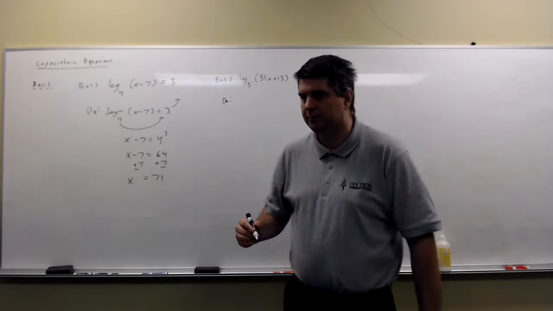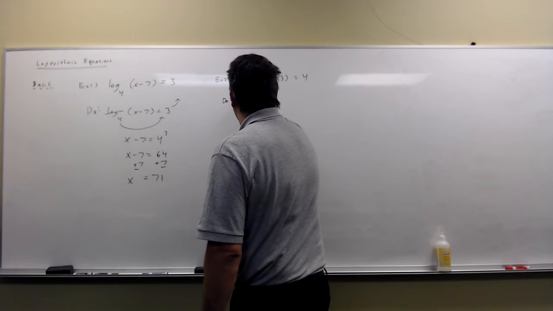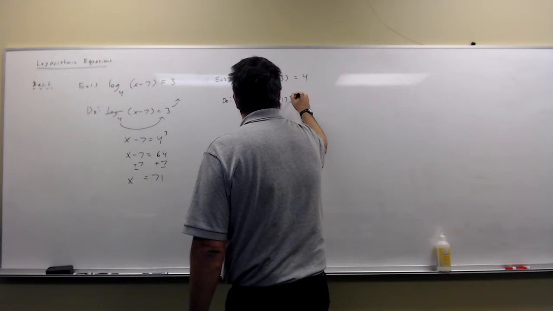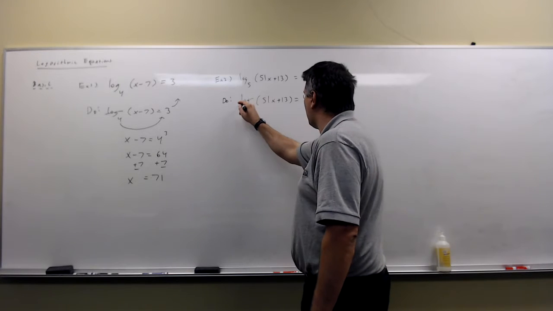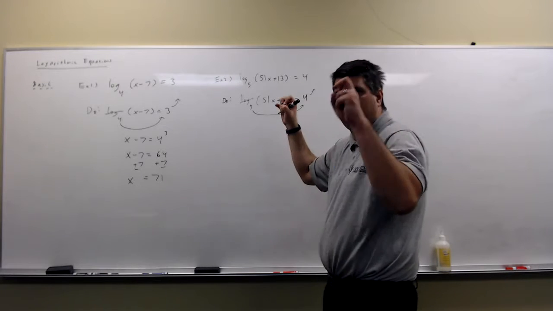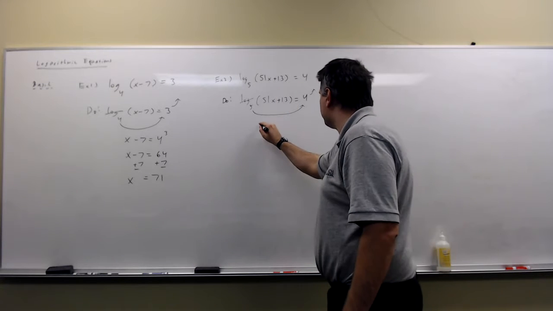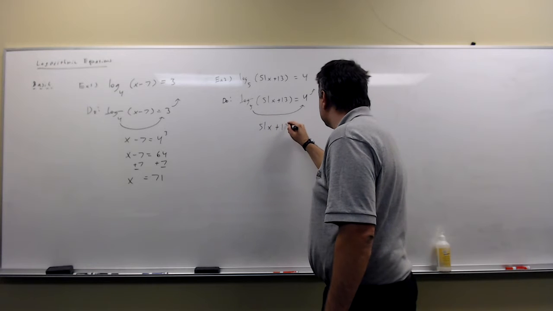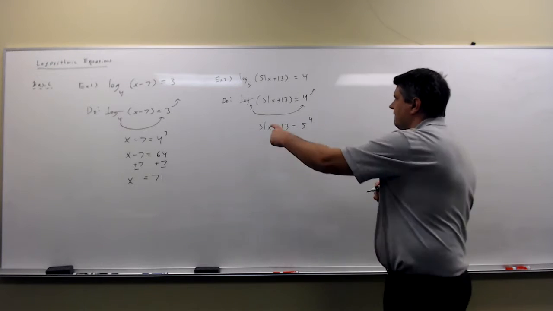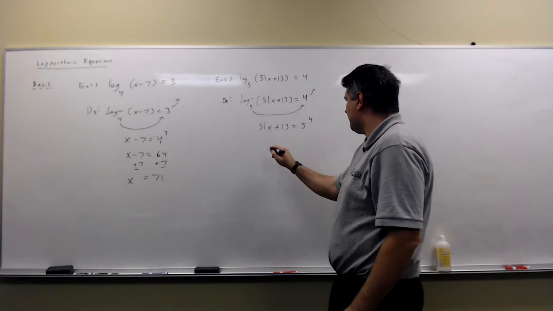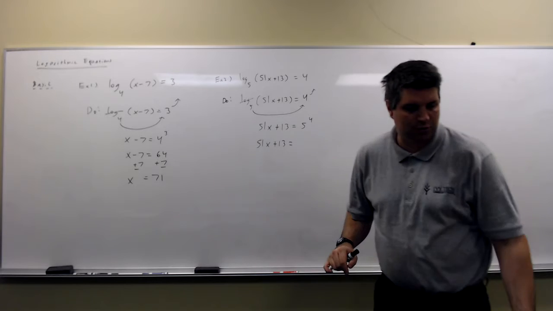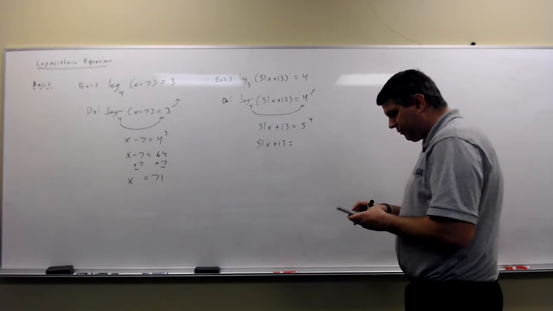Same idea here. We have log base 5 of 51x plus 13. Dump the log, the 5 goes to the other side, the 4 jumps up to make room for it. So we end up with 51x plus 13 equals 5 to the 4th power.